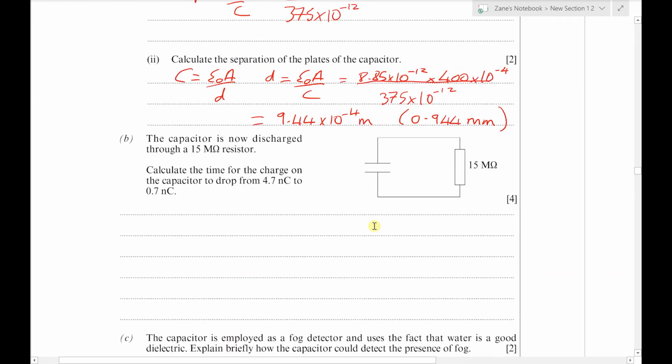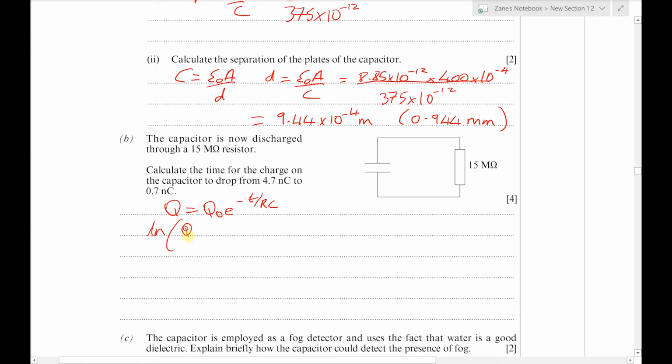Next, the capacitor is discharged through a 15 megaohm resistor, and we've got to calculate the time for the charge on the capacitor to drop from 4.7 nanocoulombs to 0.7 nanocoulombs. So here we have the equation Q equals Q naught e to the minus t over RC. The first step would be to divide both sides by Q naught and then take logs.